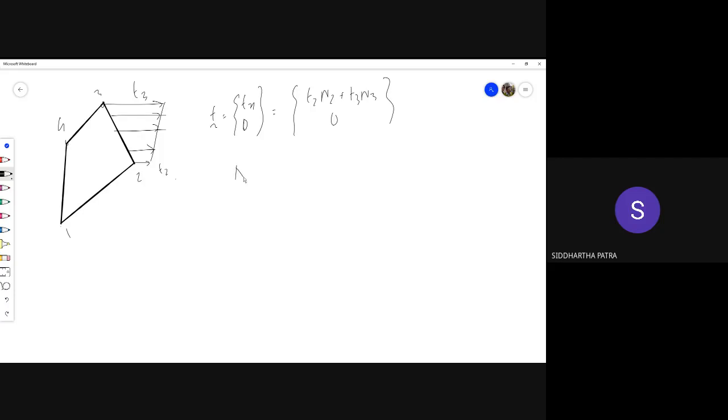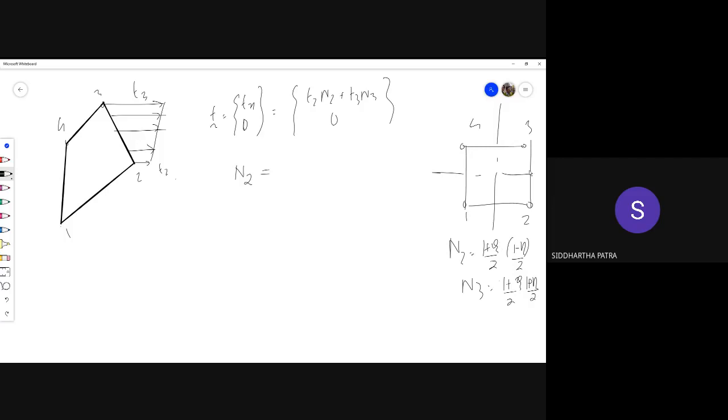Now what is the expression for N2 on the line 2, 3? For that you need to go to the natural coordinates. You see N2 is like this, 1, 2, 3, 4. So N2 is (1 plus xi)/2 times (1 minus eta)/2, and N3 is (1 plus xi)/2 times (1 plus eta)/2.